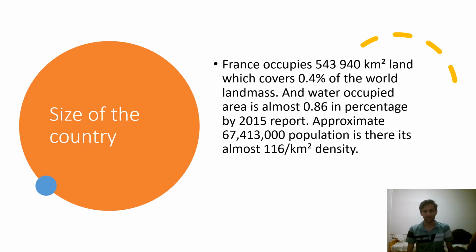And if I talk about population, it's approximately 67 million 430,000, and the density is almost 160 per square kilometer. So it's nearly average. It's good for the country.